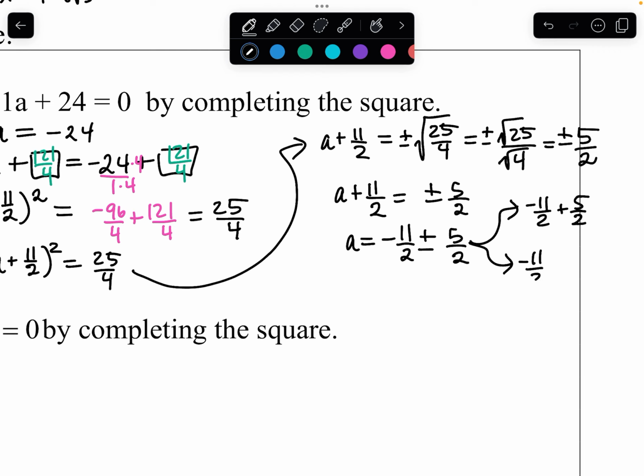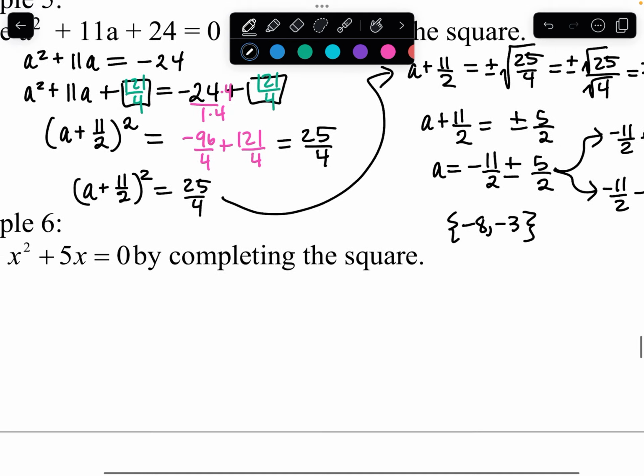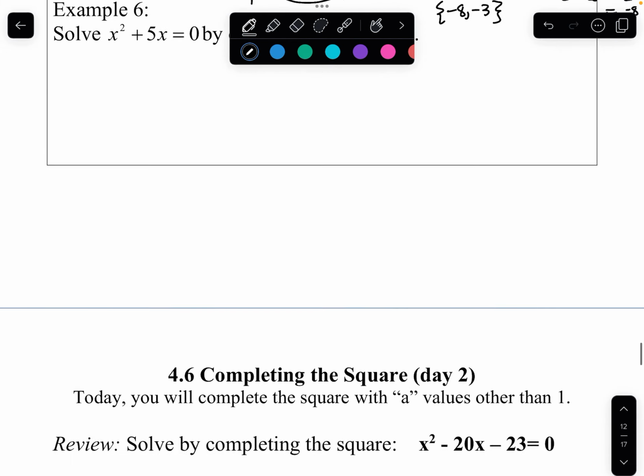The other case is negative 11 halves minus 5 halves. So in this case, we get negative 6 over 2, which is negative 3. In this case, we get negative 16 over 2, which is negative 8. So nice integer solutions here. And you would get the same thing by factoring or by quadratic formula. This is just another method.